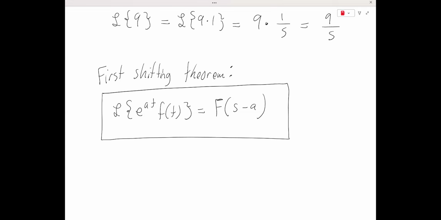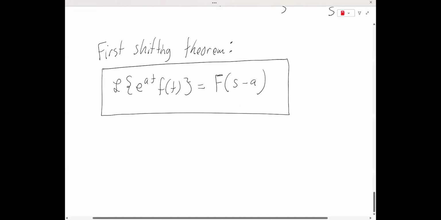It's easy to show it in examples. So for example here, let's say we'll find the Laplace of e to the 7t cosine 8t.